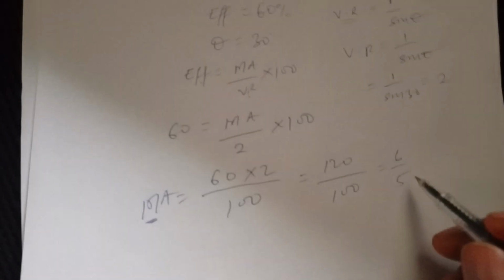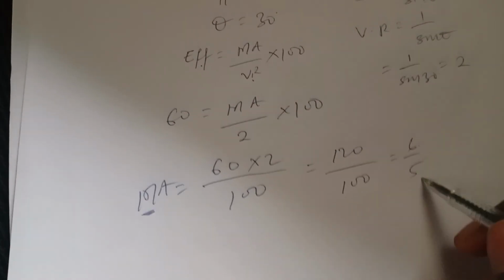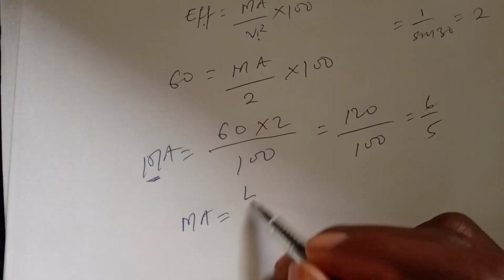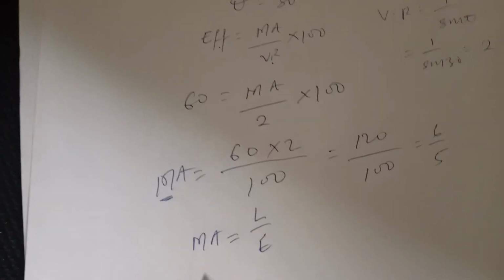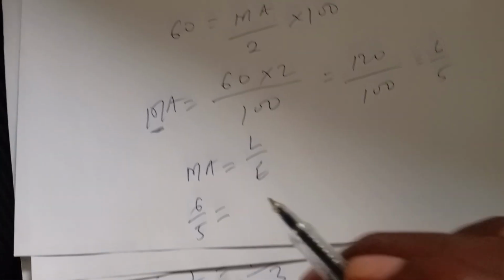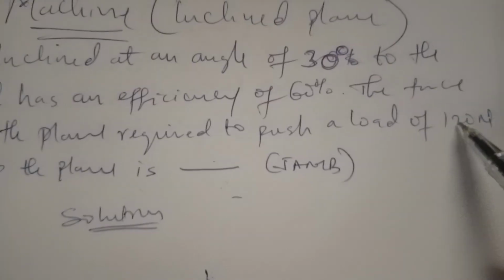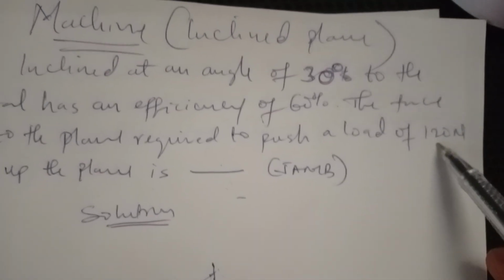Now we've gotten our MA to be 6 over 5. We all know what MA stands for. MA is load over effort. So 6 over 5 equals, what is our load? Load is given as 120 Newton.